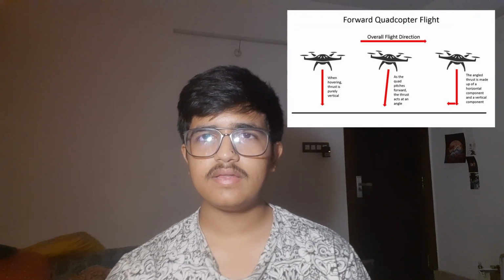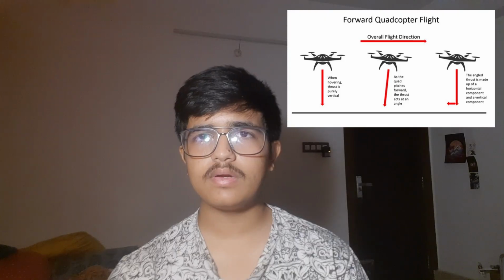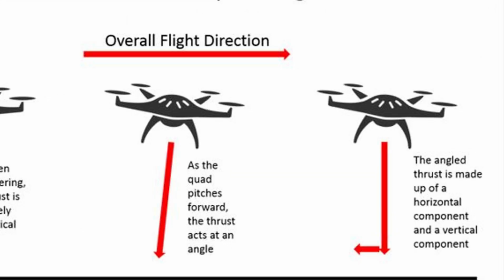By using basic trigonometry from class 10th, we can see that the force can be broken down into two components: F cos theta and F sin theta, where F sin theta is responsible for keeping the drone upright, whereas F cos theta is responsible for making the drone move forward. All of this can be similarly replicated for all four movements, whether left, right, front or backwards.